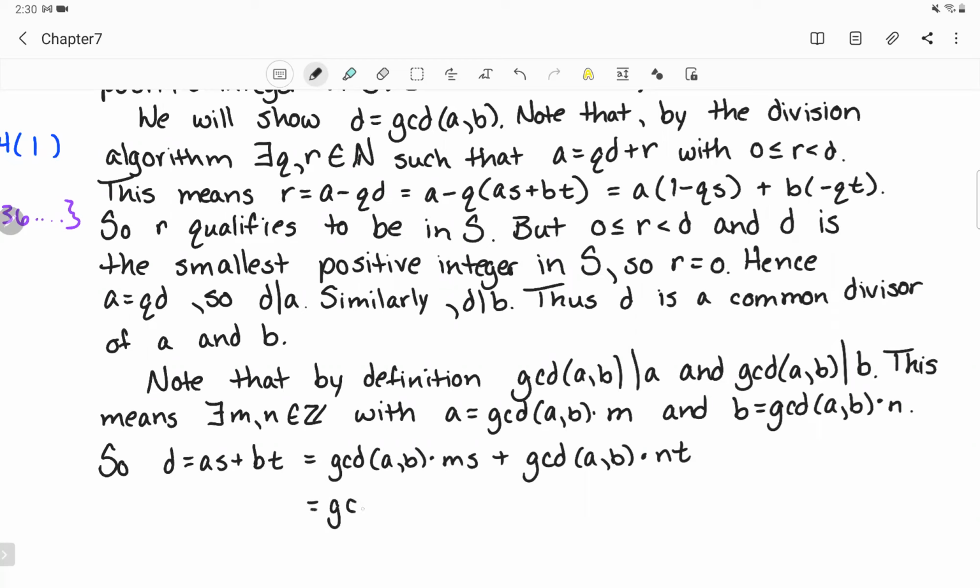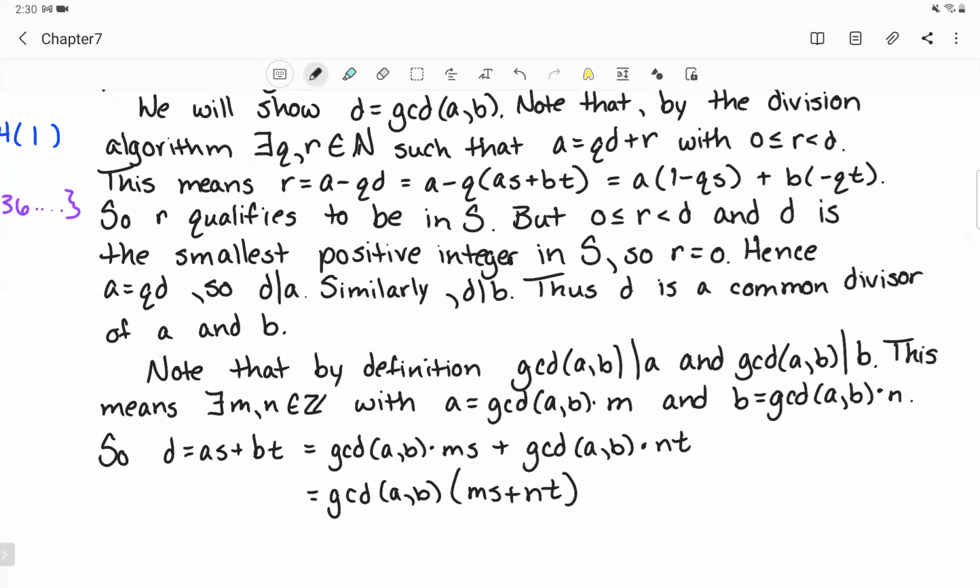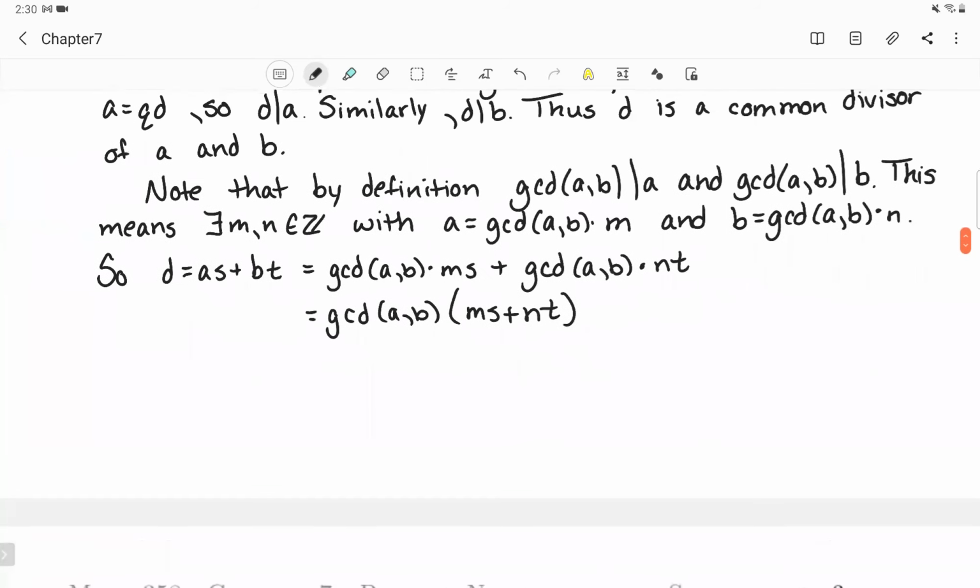So I'm going to factor out that GCD. Everybody with me so far?